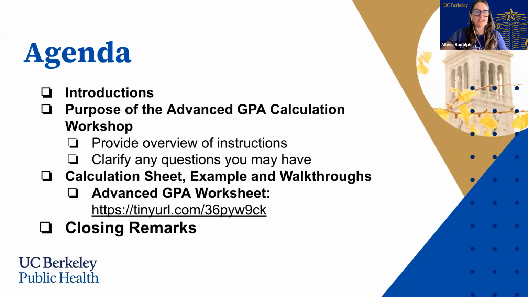So we're hoping we can get those answered for you. And then we'll actually walk through the worksheet. This is the actual worksheet that we recommend everyone use and that the Office of Graduate Admissions at UC Berkeley uses to calculate these advanced GPAs. So we'll take a look at that together. And then again, we'll have some tips and tricks that we'll leave you with, and we'll take questions at the end.